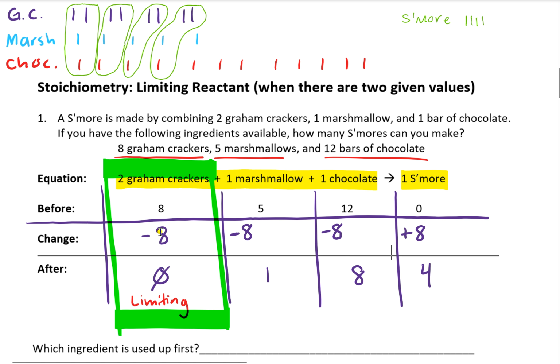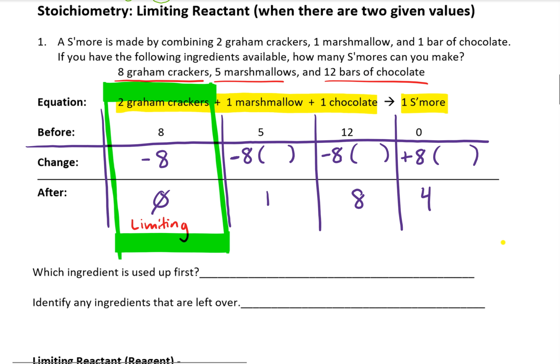Okay, so as you see here for the change row, everything's based upon the limiting reactant. The reactants get negative signs. Products get plus signs. And then there's one more thing that's super important. We're going to multiply by a mole ratio, which is essentially the ratio of the coefficients of your reactants to that of the limiting reactant.